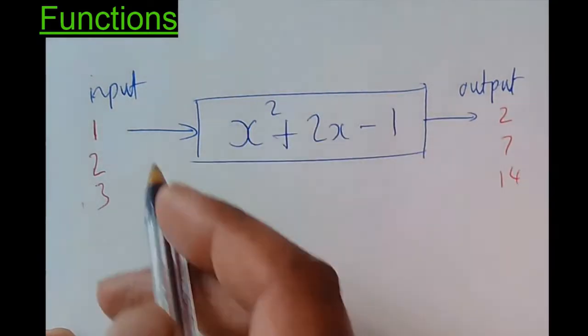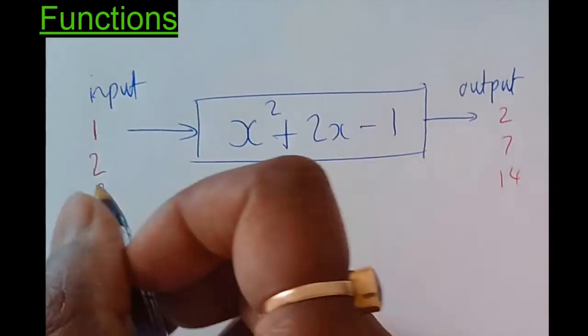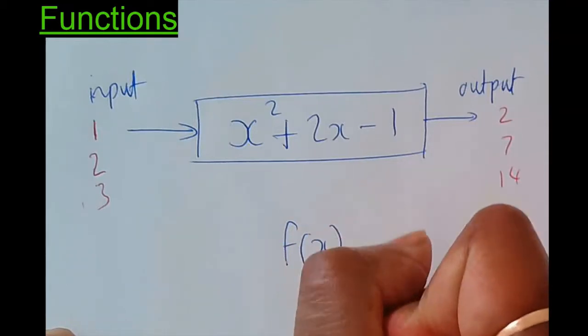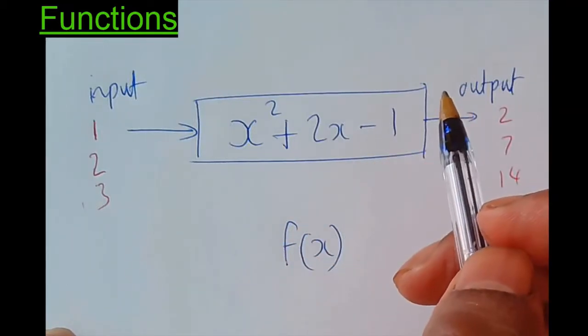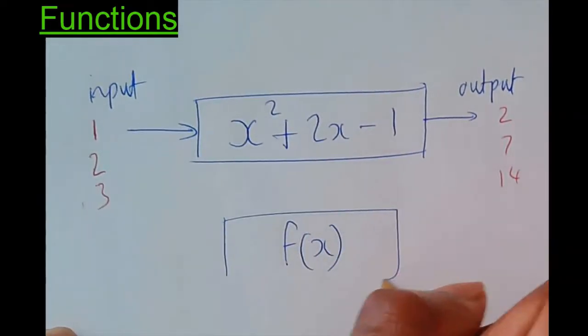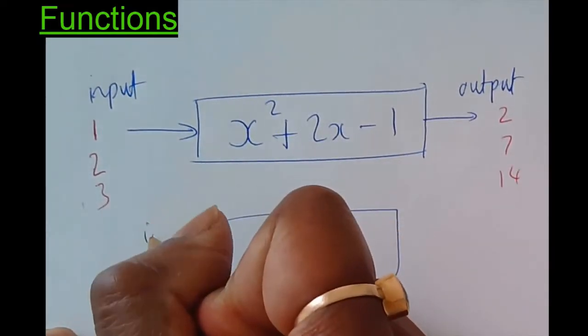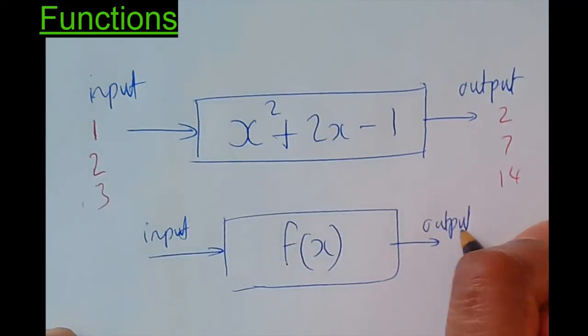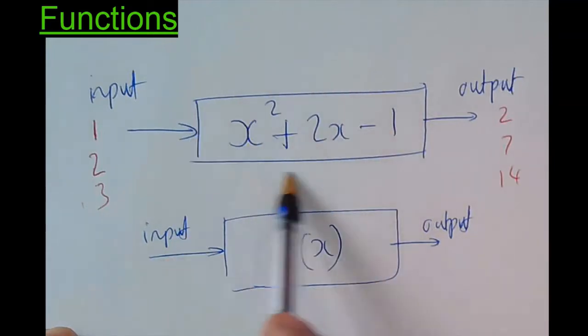You can represent this function like this, f of x. So that f of x represents that one. Right, so as I said, this f of x represents this one.